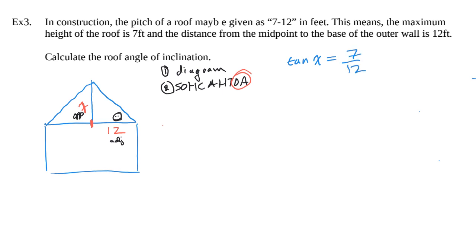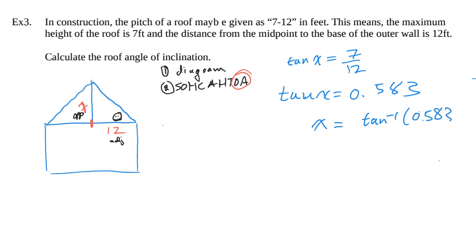And 7 divided by 12 gives us 0.583, and we have tan of x. Now we want to get x by itself, so we bring tan to the other side and get tan inverse of 0.583. Unless I tell you otherwise, your final answer for any angle is always going to be a whole number.